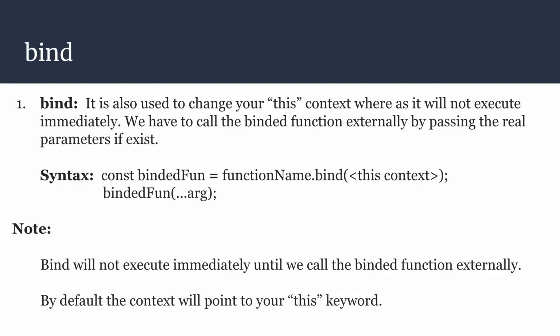If you have some arguments, you can pass them, the real parameters, whenever we call it. Note, bind will not execute immediately until we call the bound function externally. The context we pass inside bind will point to your this keyword for that particular function.